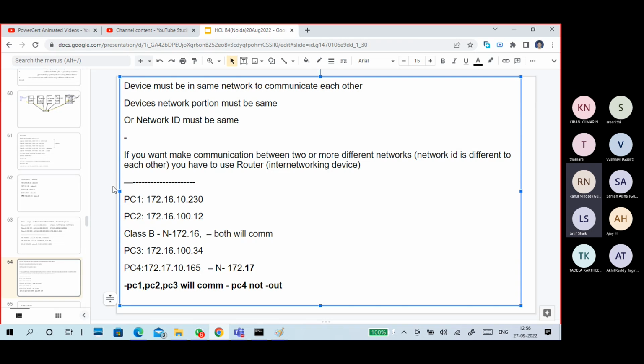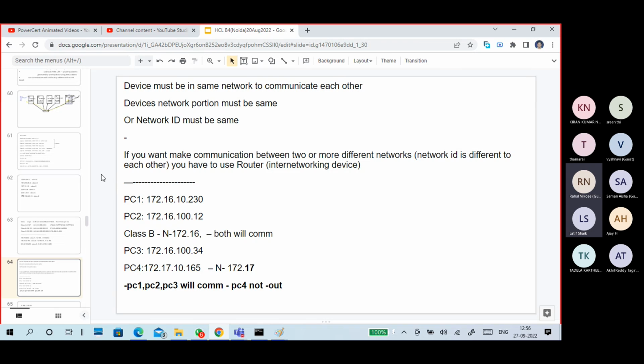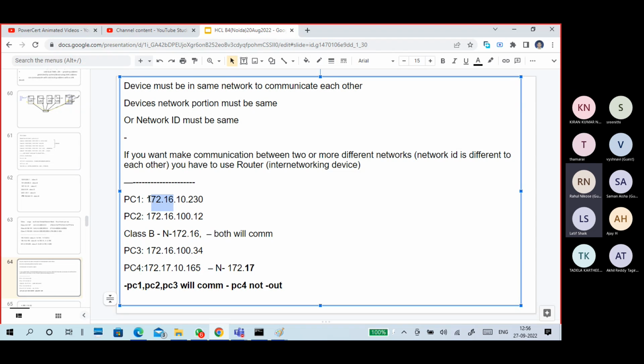See, I have two computers. PC1 is 172.16.10.230, PC2 is 172.16.100.12, and it is a class B. What is the network portion? The first two are the network portion. The first two mean 172 and 16, the same.